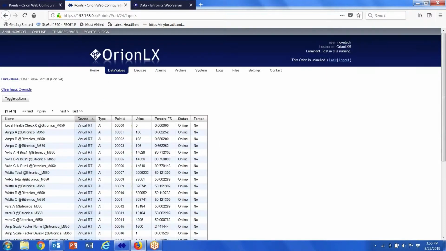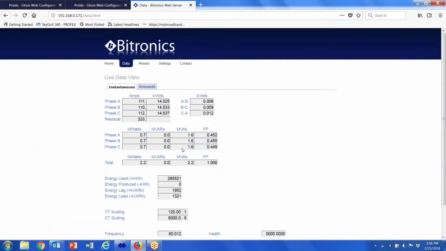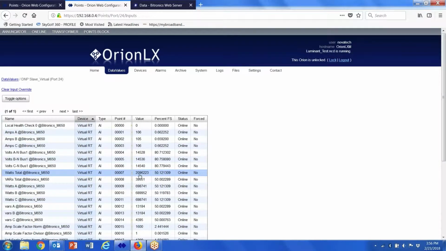primary here. And then if I look at my data values using my virtual DNP slave, that's the same thing that I'm seeing here as well. And the same thing for volts, and the same thing for total watts and per phase watts. So if I look at the values here, 2.1 megawatts, and here I'm actually seeing the 2,280,797.